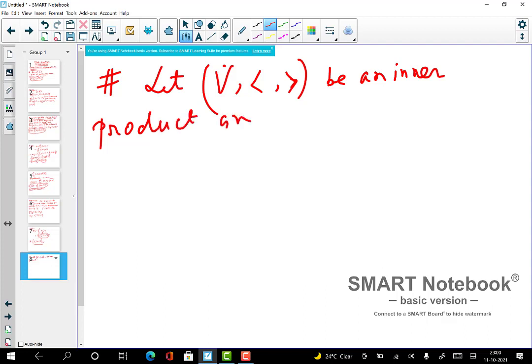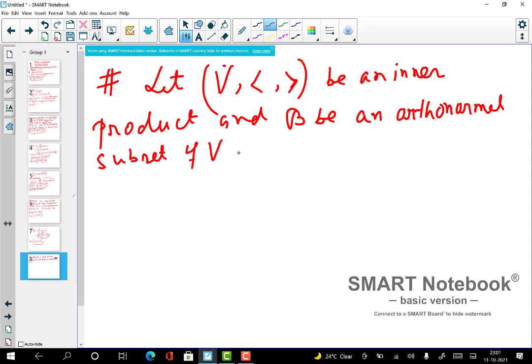And you choose an orthogonal subset. You don't know whether it is a basis or not, so I'm just choosing, say B, an orthonormal subset of V. I have no idea whether it's finite or infinite; it can be anything.